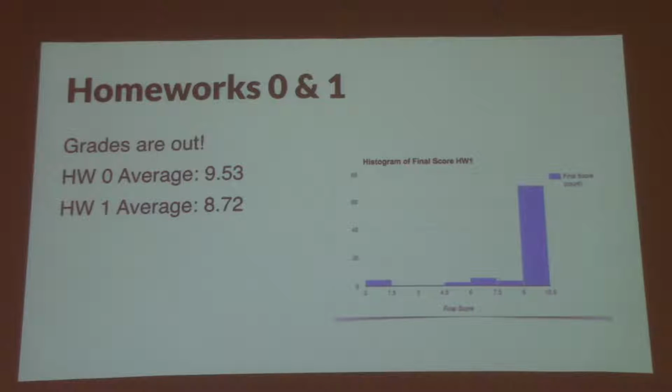Homework 1 average was also very high, 8.72, and you can see the distribution here. The largest majority, almost 70 people, got more than 9 points, and there's a couple of people who got 0 points. Maybe they didn't submit, they dropped, or we still have an issue with reading your Git repository, so we will resolve this if necessary.